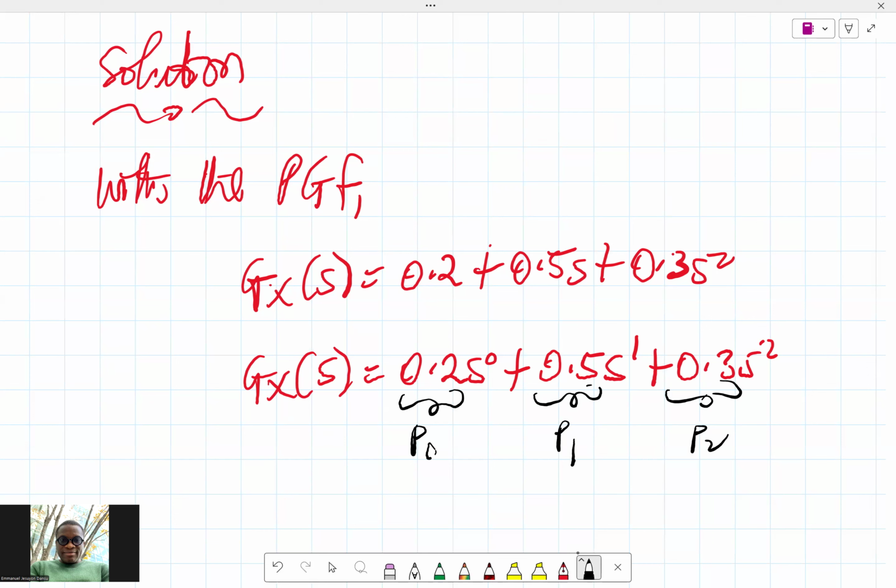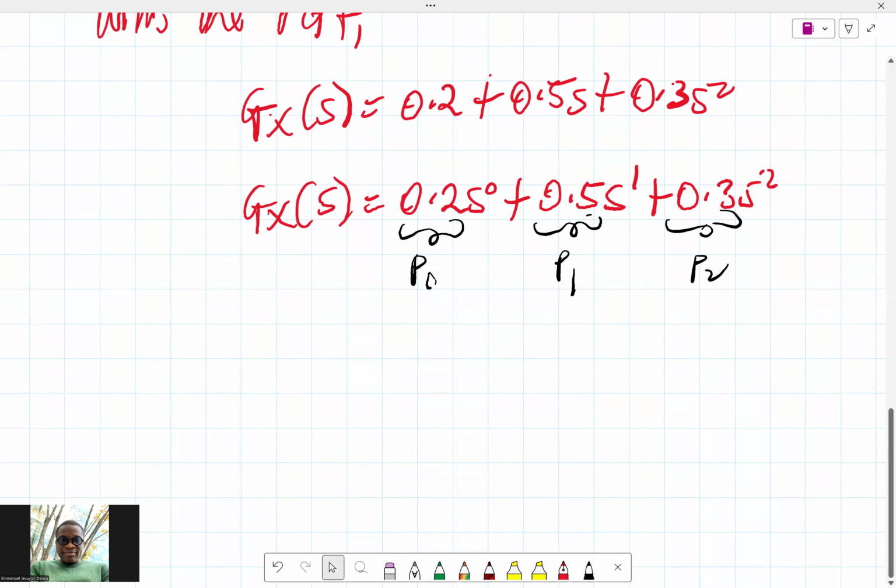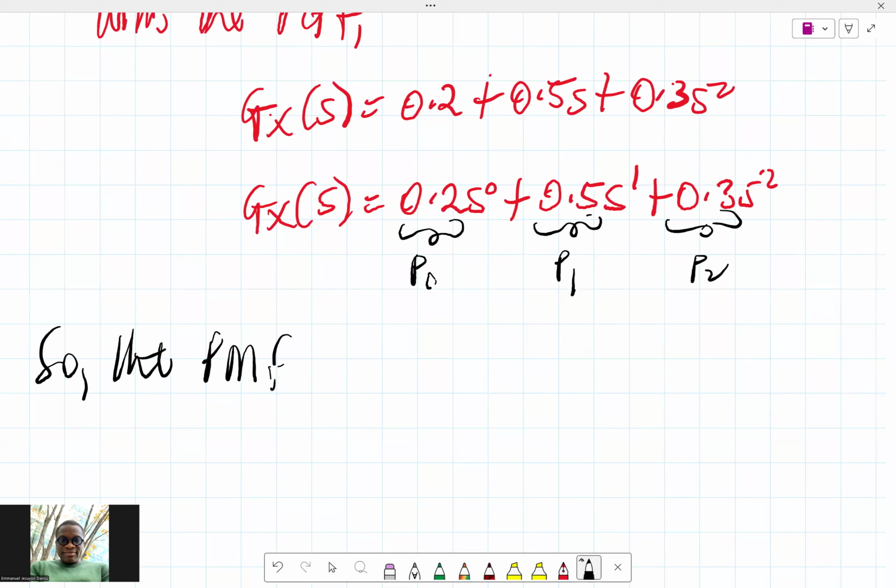The probability mass function is: probability that X is equal to 0 is simply 0.2.